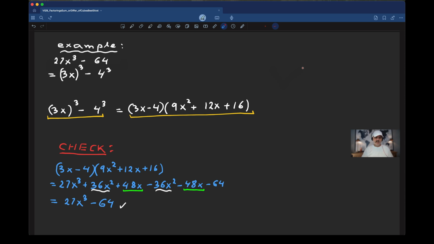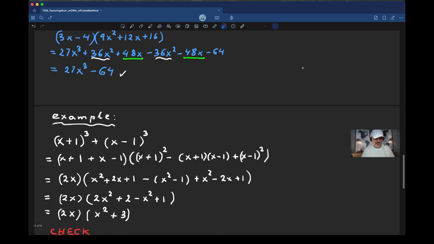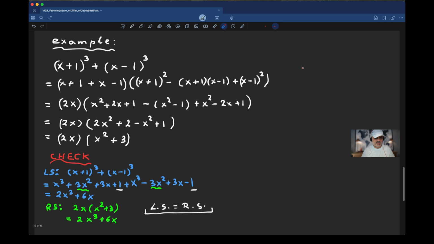Bingo. Next example. You're going to like this example even more because it provides more complexity. So we have a sum of two binomials to the power of 3. Therefore, we can call it sum of cubes. So you have the formula that was already presented to you.